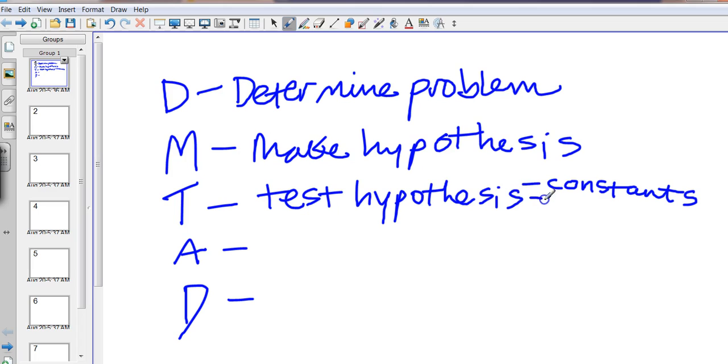And then there are things called variables. There's the independent and dependent variable. The dependent variable is the thing that changes, or what you're trying to see if it would change, and then the independent variable is the thing that you're adding to the experiment that causes the change.